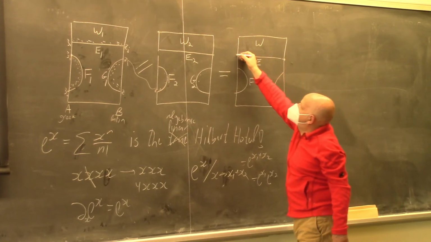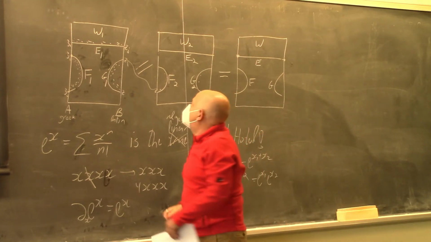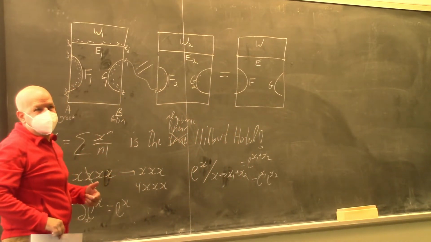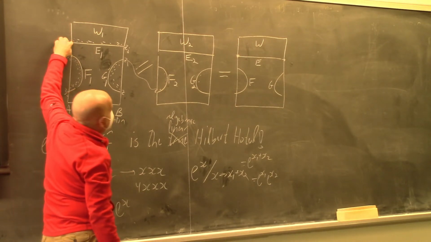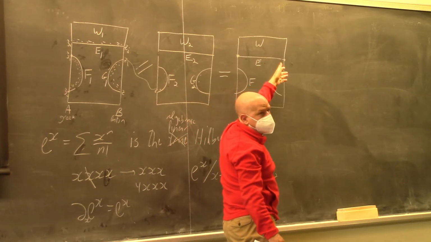So how can I start on the left and end on the right? Well, there are infinitely many possibilities. Sorry, I mean, how can I get an E term in the output?